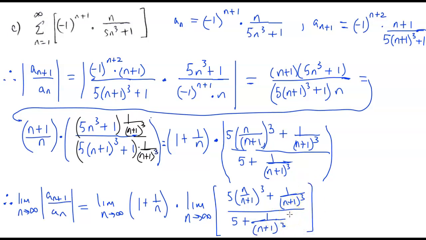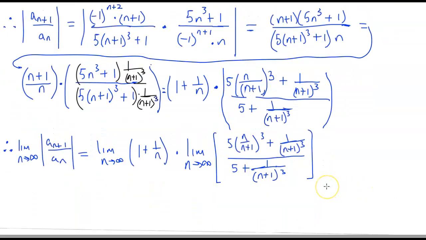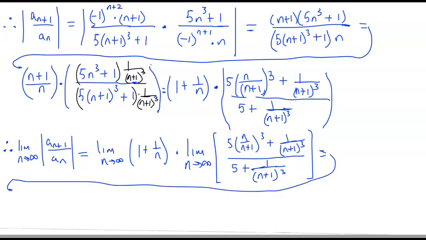Okay, and so now at this point, to make life a little bit more simple for us here, if I was to evaluate the limit of what I'm seeing here, I'm going to come down here and do it. We would see that we would have 1 plus 1 over infinity, and of course that 1 over infinity goes to 0.